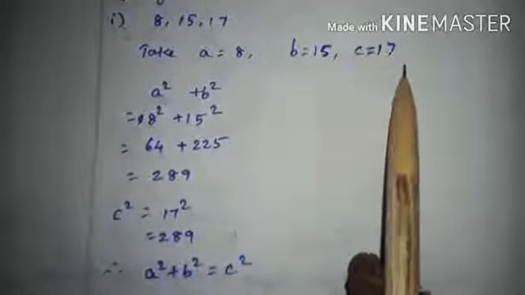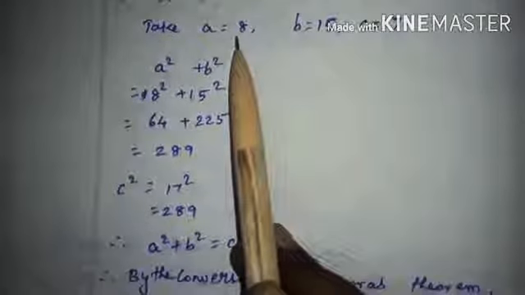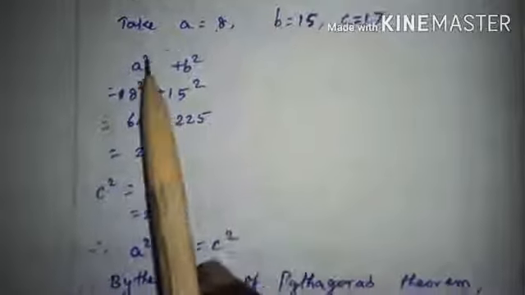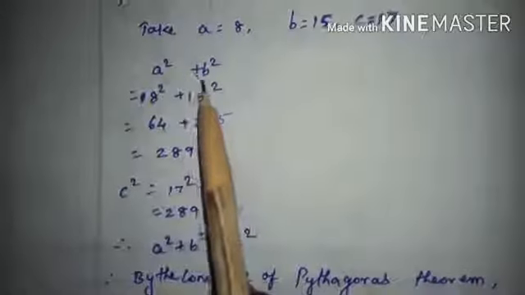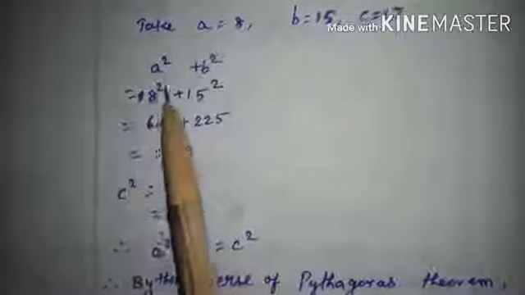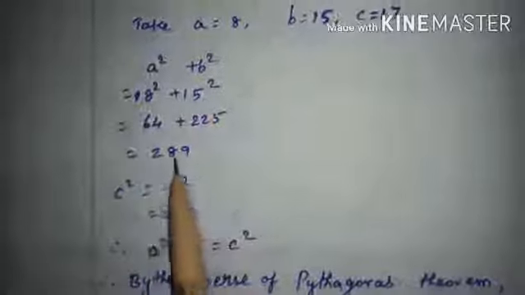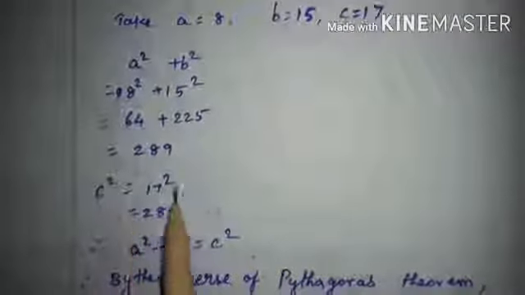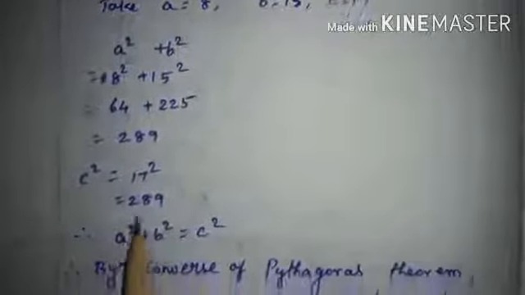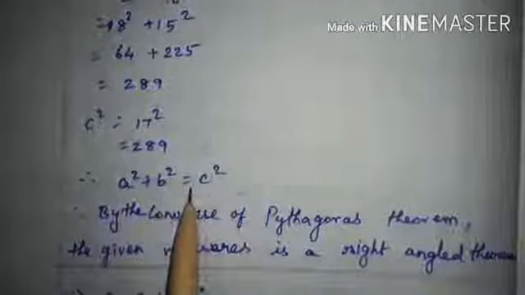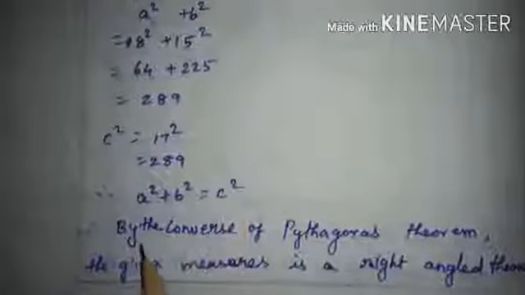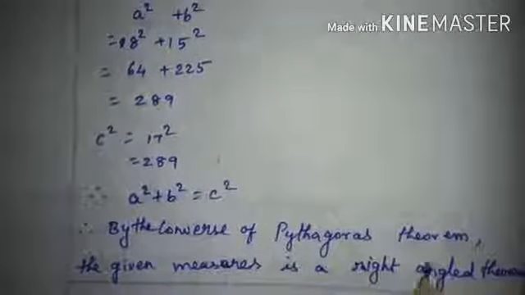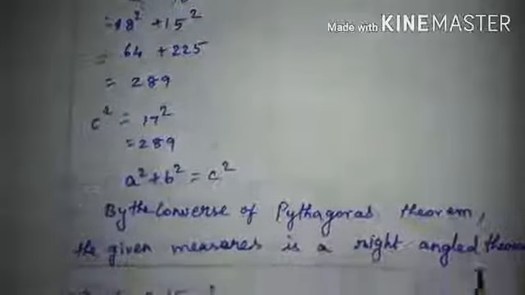Since 17 is the greater side, we find the squares. a square plus b square is equal to 8 square plus 15 square, we get 289. And the square of the greater side, that is c square equal to 17 square, also we get 289. These two are equal, therefore a square plus b square equals c square. By the converse of Pythagoras theorem, the given measures form a right angle triangle.